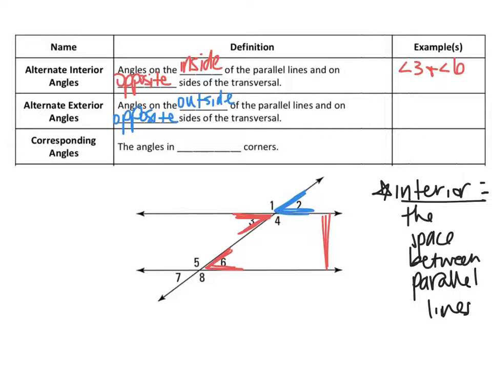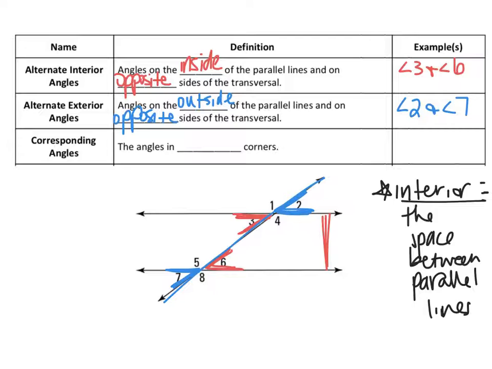Angle 2 would match up with angle 7 because angle 2 is on the right side of the transversal and angle 7 is on the left. So alternate exterior angles. So angle 2 and angle 7 would be an example of alternate exterior angles.